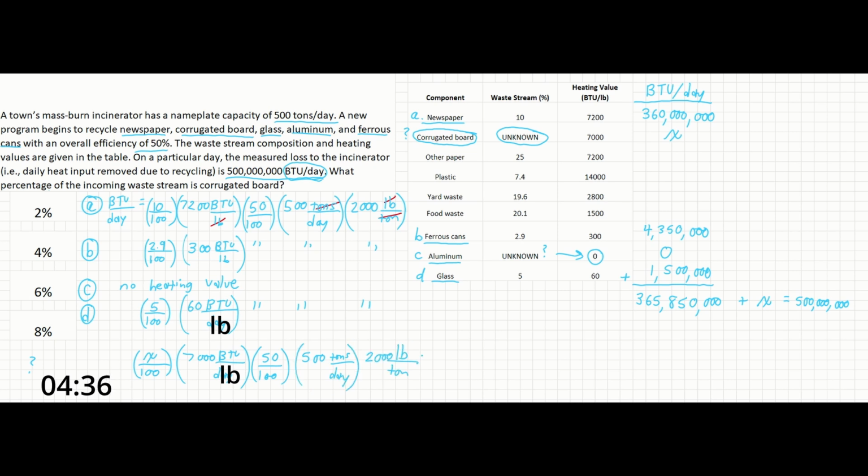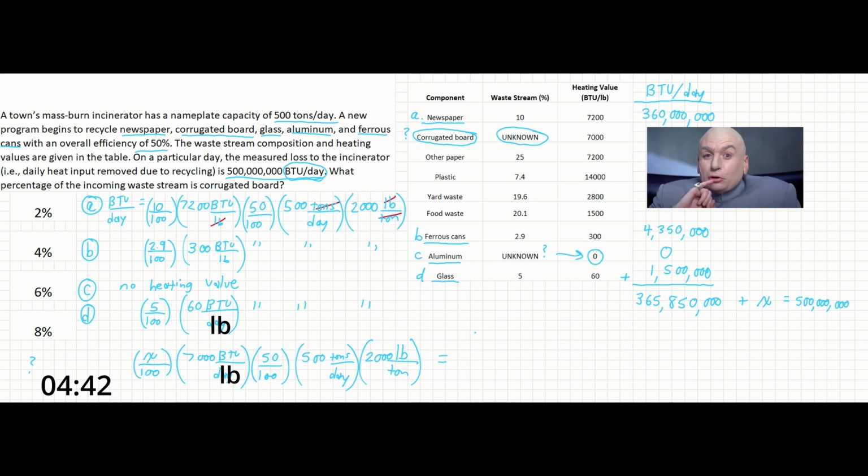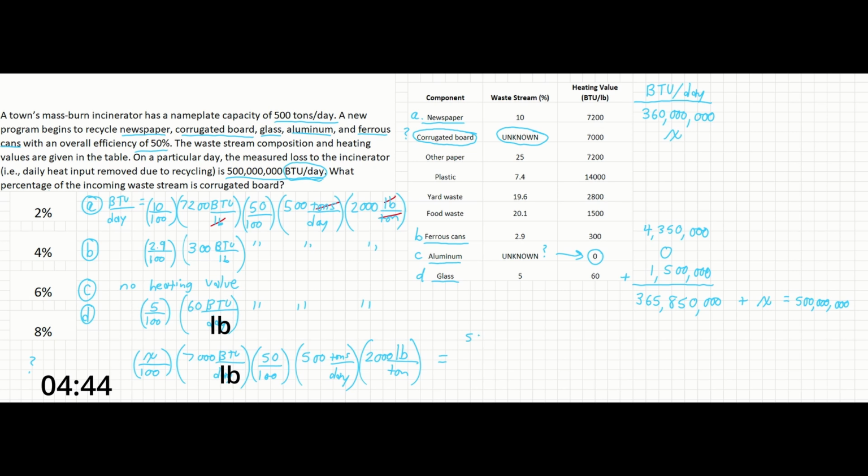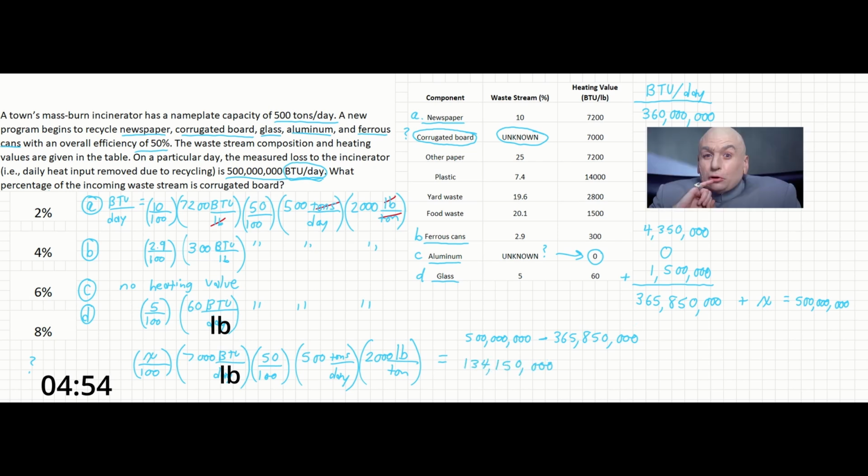And that's going to be equal to 500 million minus 365,850,000. Otherwise calculated to 134,150,000 BTU per day.